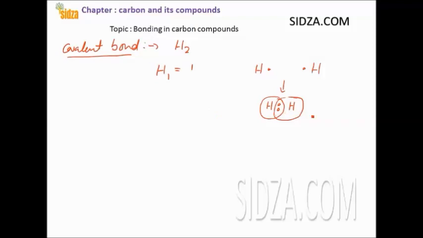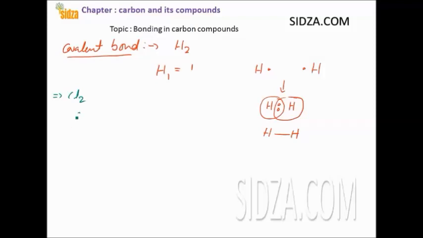The kind of force which develops between the two hydrogen atoms by sharing of electrons is called a covalent bond. So the hydrogen molecule has a covalent bond. Let's take another example, the chlorine molecule, Cl2.